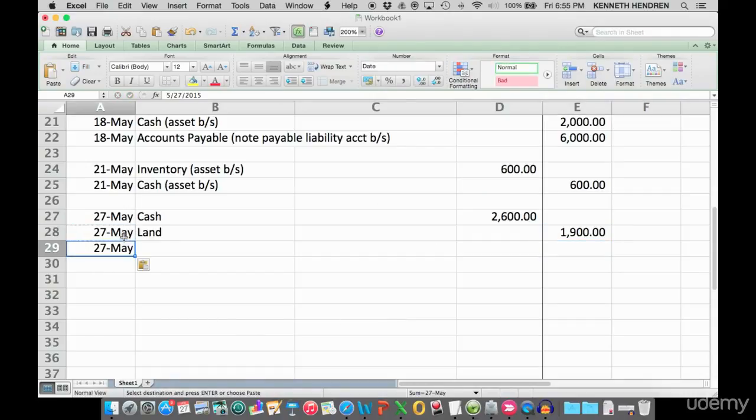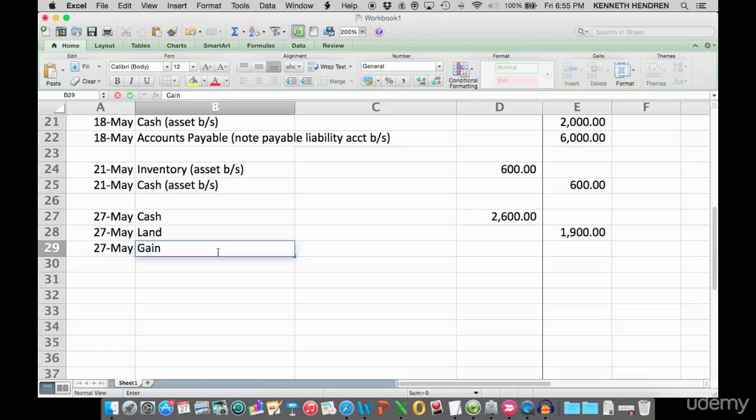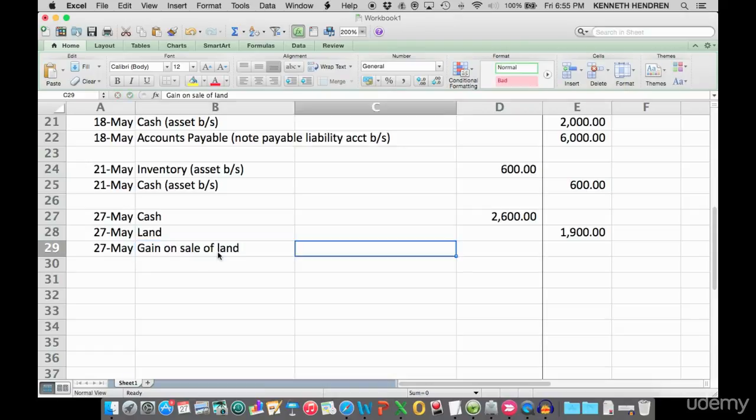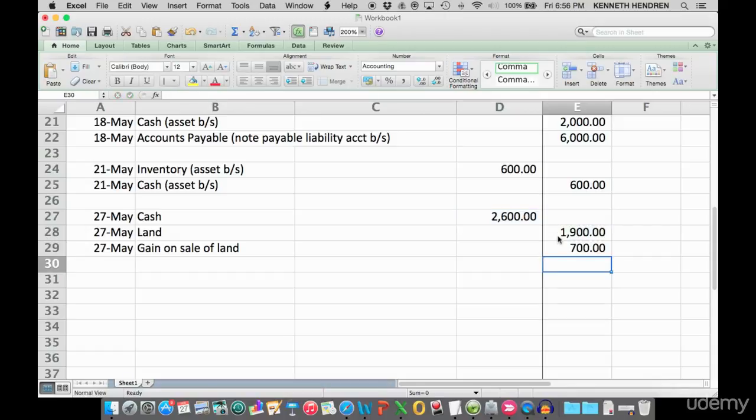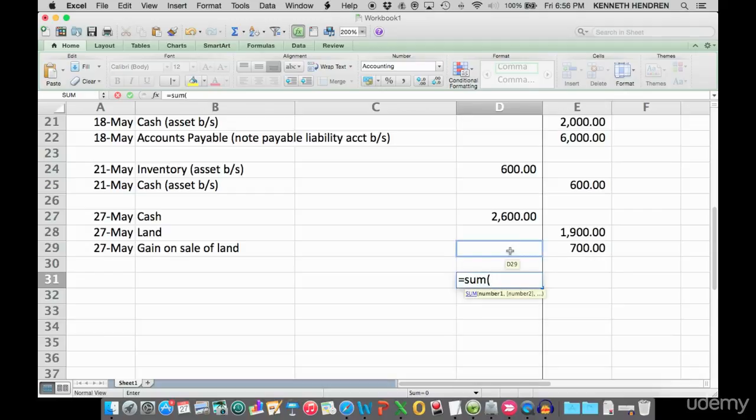And then, so we have a difference there, right? We have a difference between $1,900 and $2,600. So that's the gain on sale of land. And that's going to be the difference between them, all right? And then what we can do, we can check ourselves.